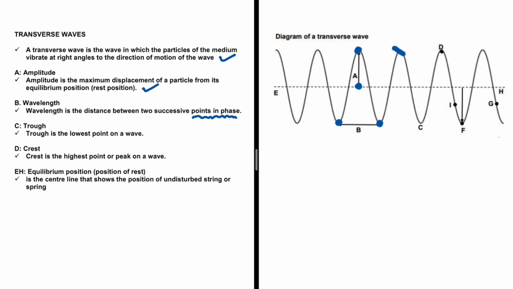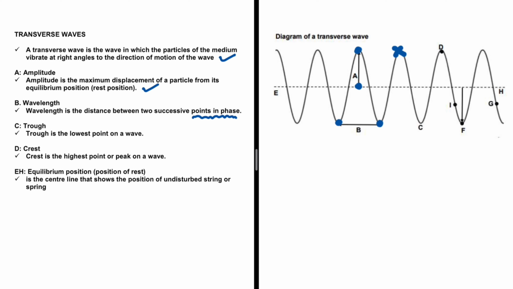If we concentrate on this point, then from this point to this point, we have one complete wavelength. We've completed a cycle once again. Which other two points can you see that are giving us a wavelength? C and F. Between C and F, we have one wavelength. We have one complete cycle.